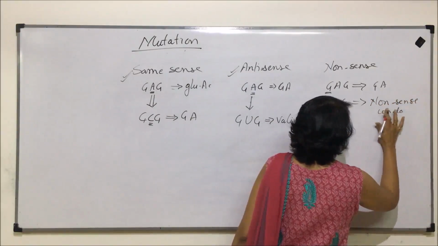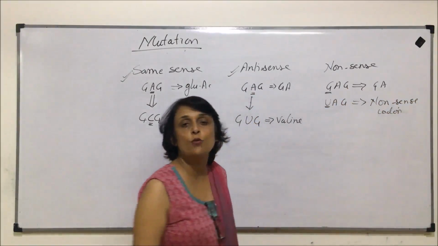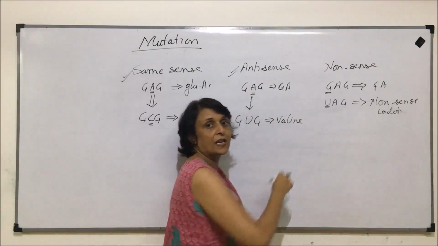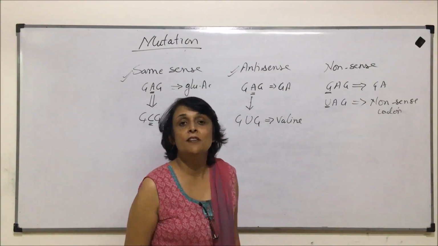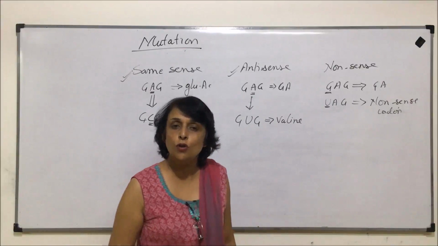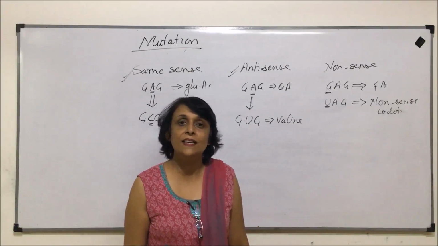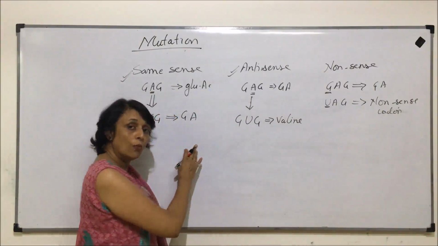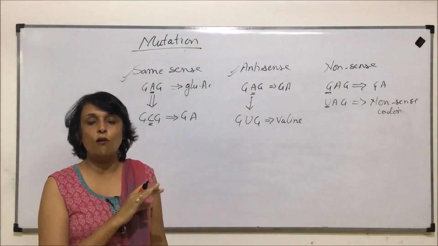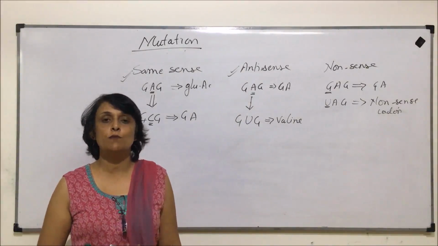That means if it was GAG, it was coding for glutamic acid, and now because of mutation it has become UAG, which actually means that there is no code. It is a nonsense codon or a stop codon. That means there is no amino acid which is going to come at this position. So this is one more way of classifying our mutations. So we have seen all various types of different mutations and the ways in which we classify them.